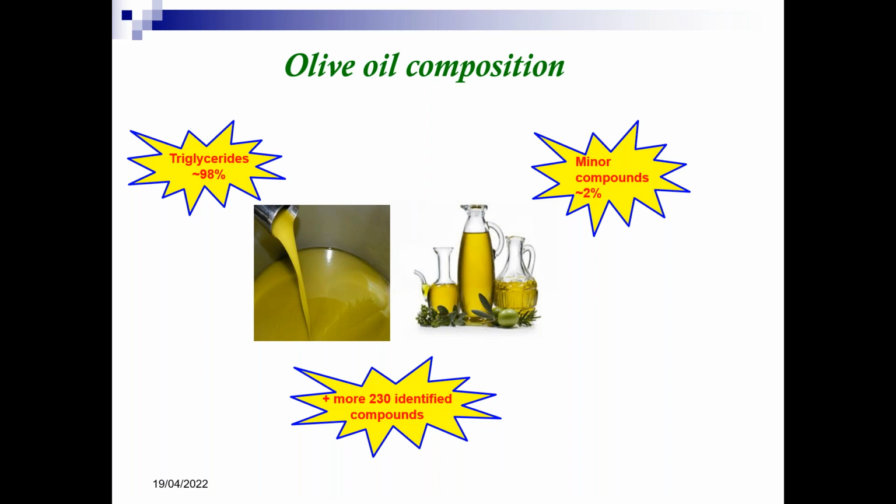And this 2% is very interesting. It contains more than 230 compounds identified until now. We can find hydrocarbons, aromatic compounds, chlorophyll, phenolic compounds, tocopherols, and phytosterols. And we have phenolic compounds.